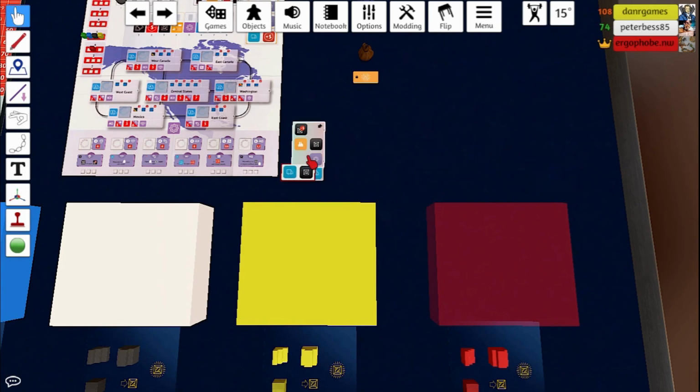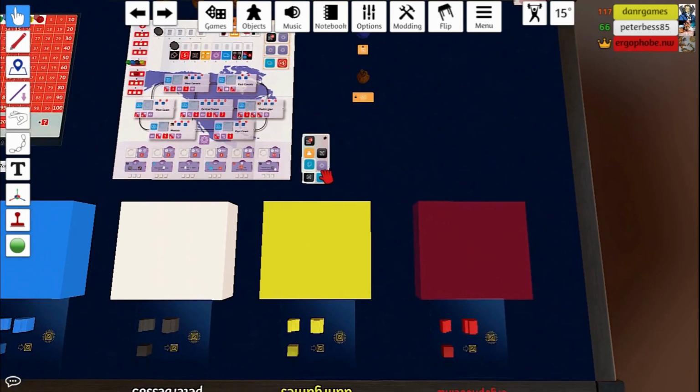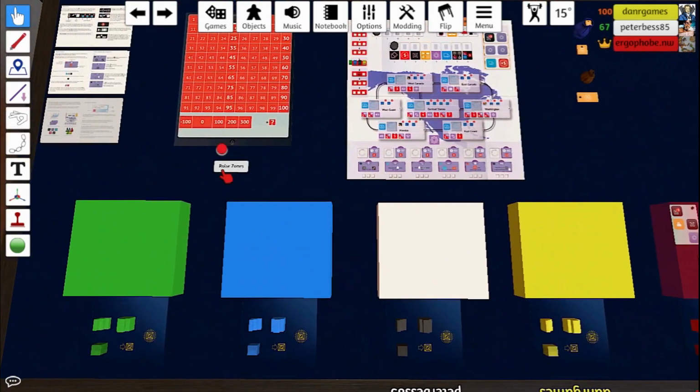And as far as the 2-piece one, it can go anywhere. You can rotate it if you want. It just can't overhang, so it can't do that. Okay. And basically, you're going to do that in secret. And then when everybody has decided, we just lower the screens. Okay.